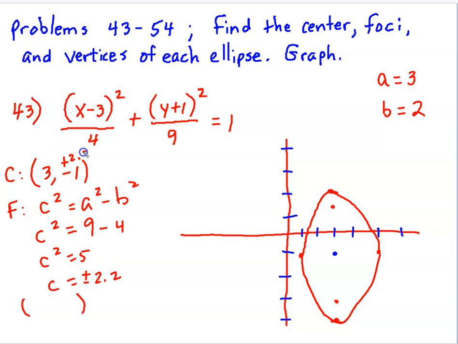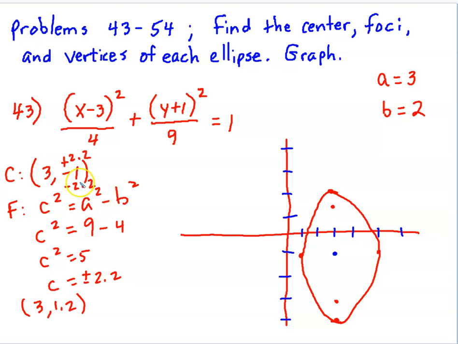So just think about adding 2.2 to negative 1. And you got 1.2. So this top focal point is the point 3, 1.2. And then to get to this one, you started here and you went down. So that's like subtracting 2.2.